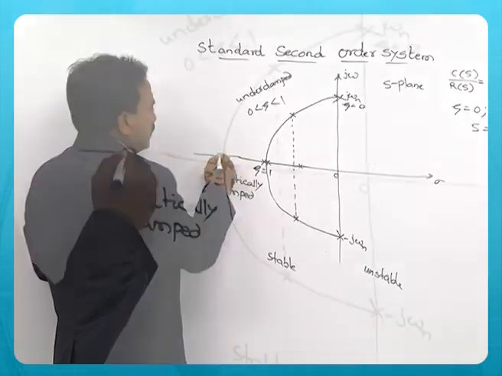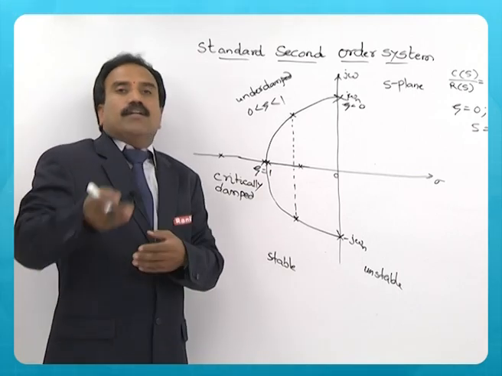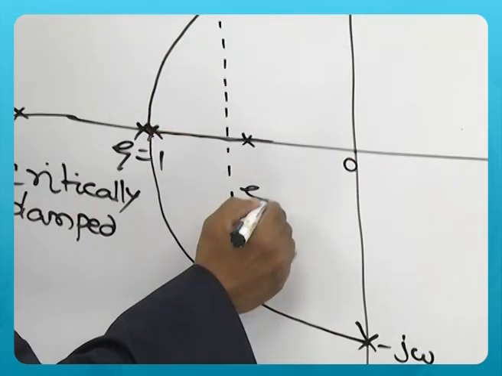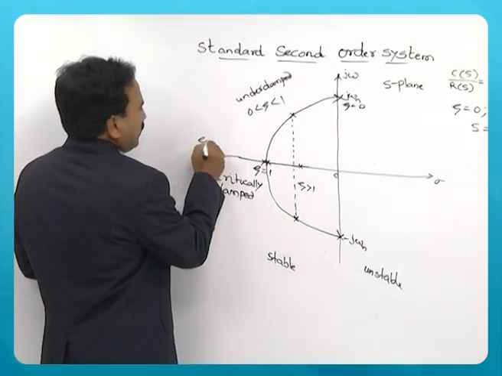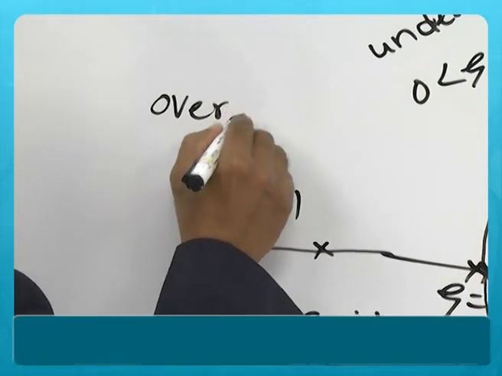So one pole moves this side and one pole moves towards the right, for zeta greater than 1. Such a system is known as an over-damped system.